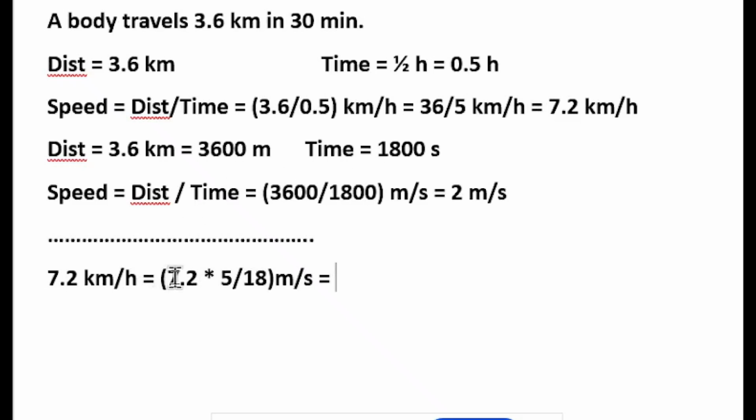You first multiply by 5. 5 into 2, 10, 1 carried. 5 into 7, 35 plus 1, 36.